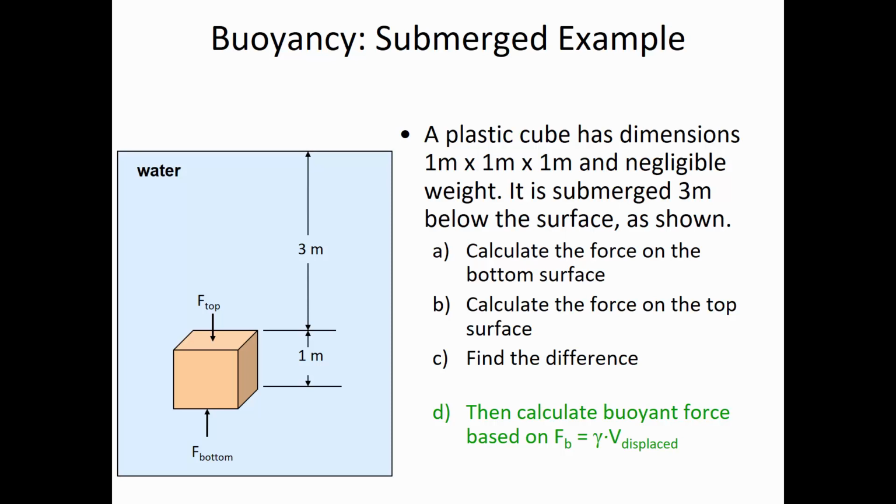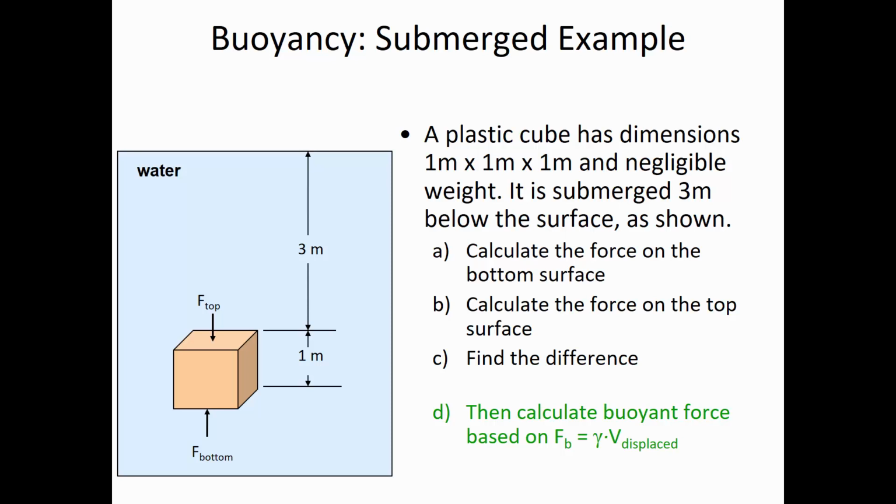In this case it's water, and so the gamma is just going to be our standard default value of 9810 newtons per meter cubed. And then the cross-sectional area, it's a 1 by 1 area on that bottom face, 1 meter squared. Okay, so the bottom force is 39,240 newtons.